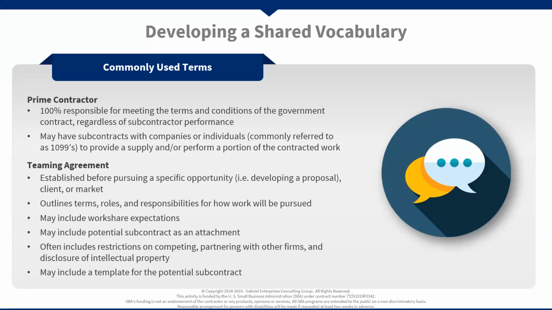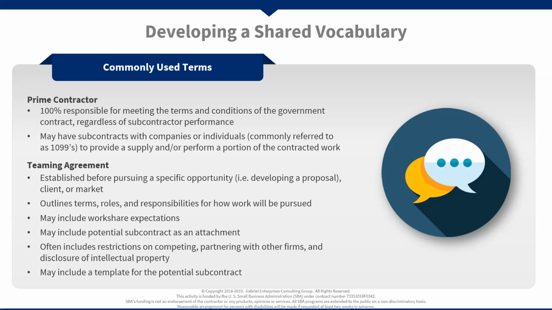So you're going to have that teaming agreement in place before you submit your proposal, ideally before you start marketing and doing the business development stage with the agency. You're going to outline both the big picture terms and the specifics of what work the subcontractor is going to do for that particular proposal, and then some details on how it's going to work if you actually win the contract.